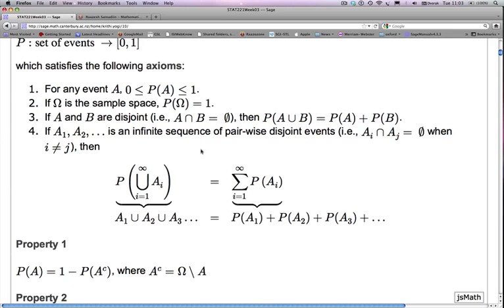Now this one's a bit more tricky, I pointed out, and somewhat controversial, but we'll just assume it as a given axiom that's satisfied by all the probabilities we'll see in this course.